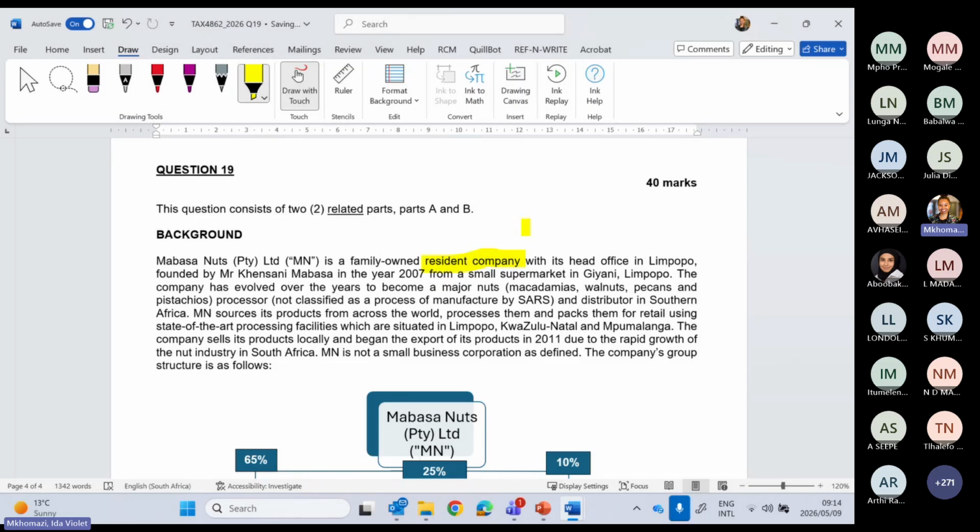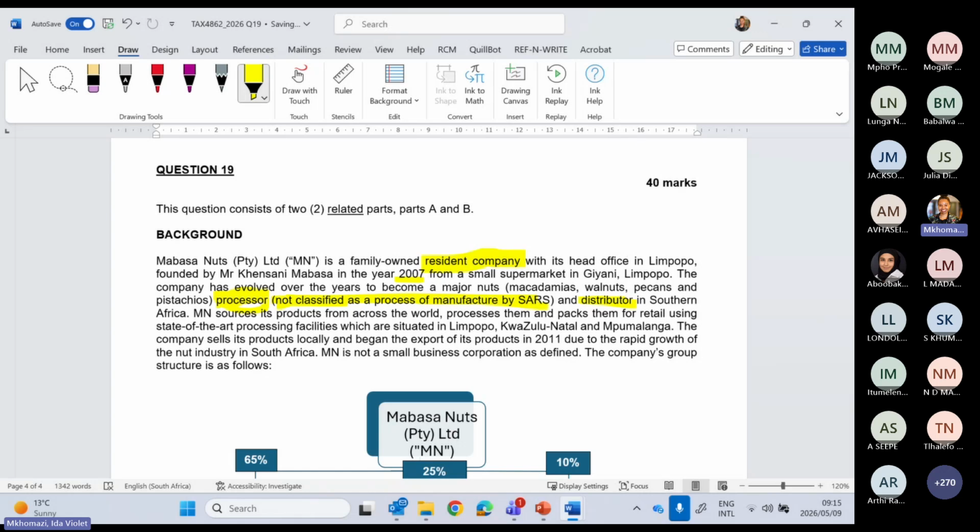It was founded by Kensani in 2007. Then other information that we have is that the company is a processor, which is not classified as a process of manufacture. So they process and they distribute nuts in South Africa.